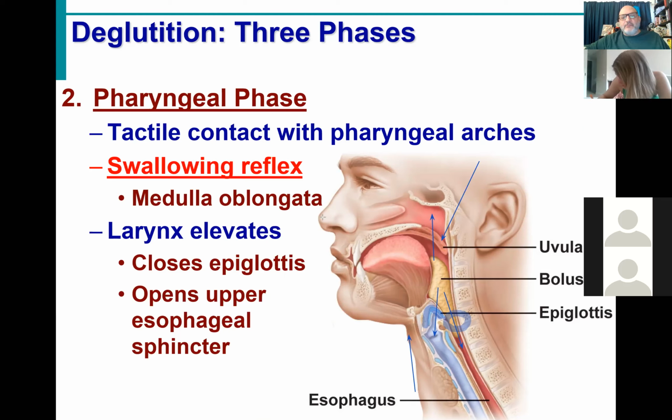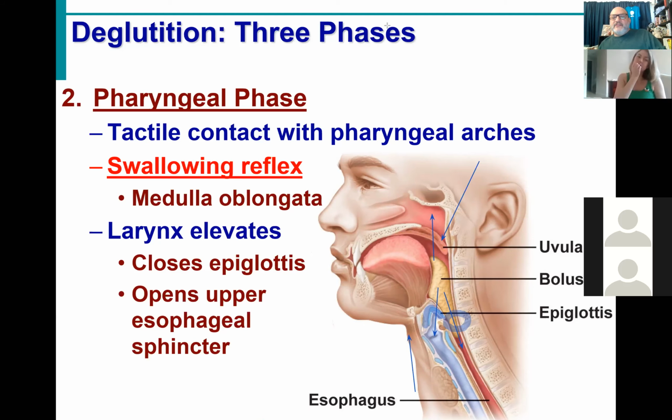That can force the bolus up into the nasal cavity, right? You get the milk going up your nose from laughing. Or if you try to talk, opening that airway can allow the food to enter into that airway, causing you to cough as a result of it. All right, this is why it's important not to talk, not to laugh while you are undergoing this swallow reflex.